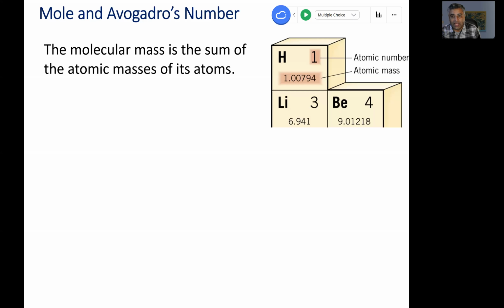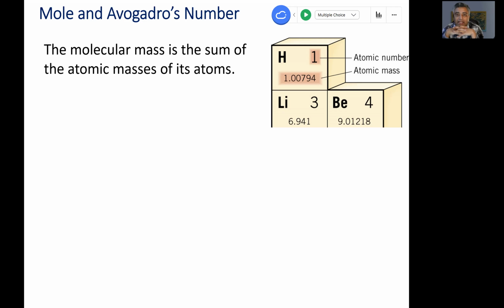So to do that, what happens? Even for a very small amount of a substance, the number of molecules is very, very large, because they are very tiny. So rather than talking in terms of individual molecules, we can come up with a certain number of molecules and bag them together.